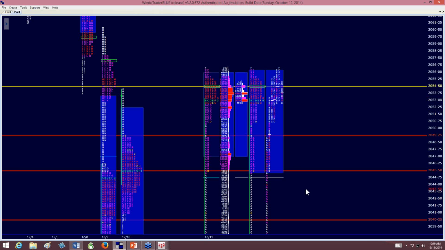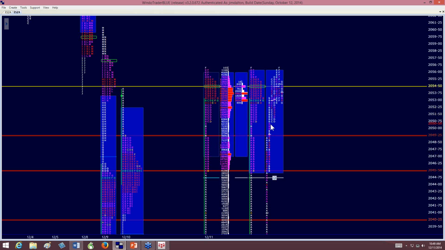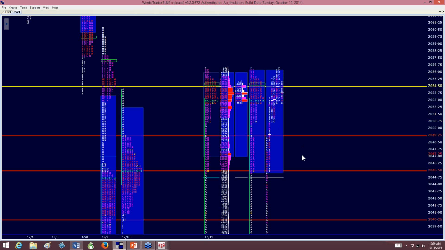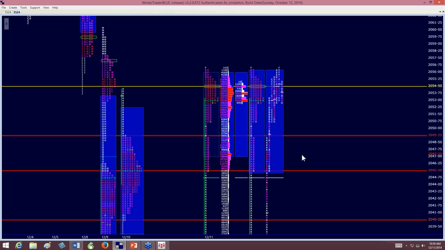If I had a good combination today of short covering and new money buying, more than likely my market is not going to become this truncated in this very narrow range between 2050.75 and the high up here at 2056.50. So again, that's important information for me to carry forward.